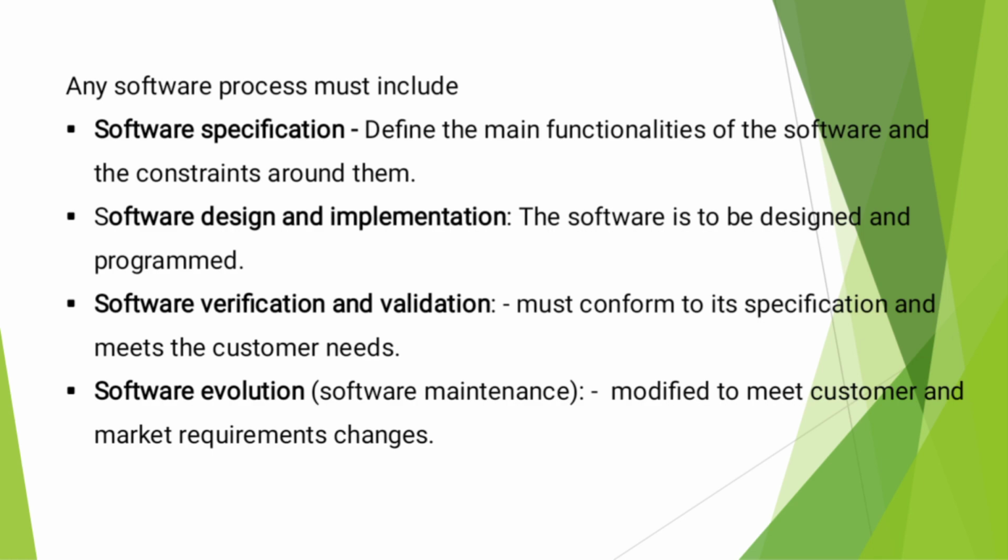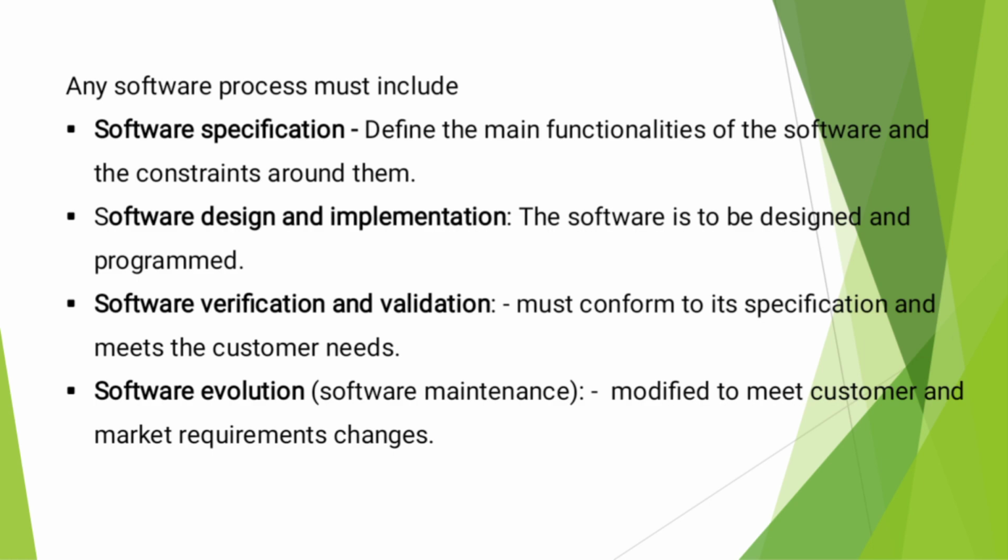The software process must include software specification, software design and implementation, software verification and validation, and software evolution. First one is the software specification. It defines the main functionalities of the software and the constraints around them. Then the next one is software design and implementation. The software is to be designed and programmed.